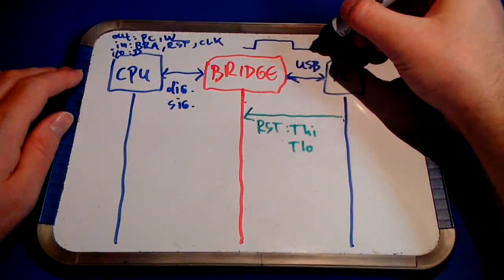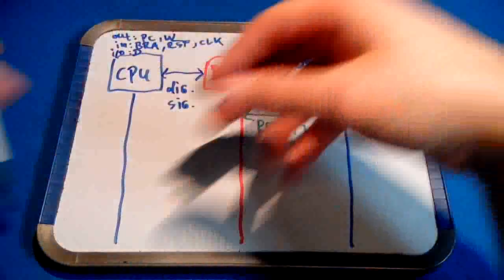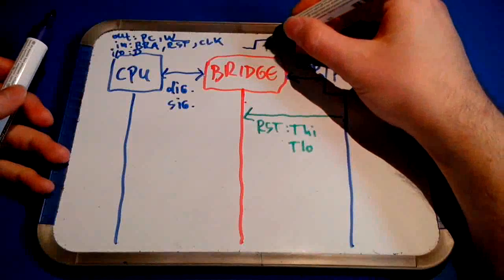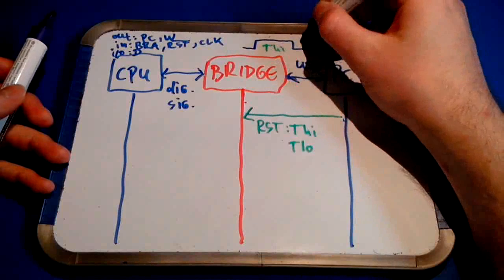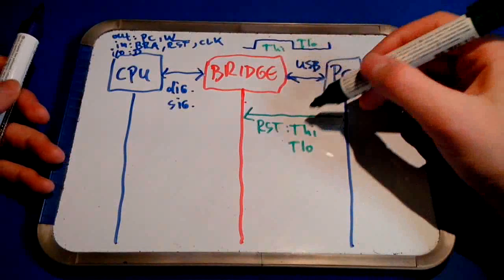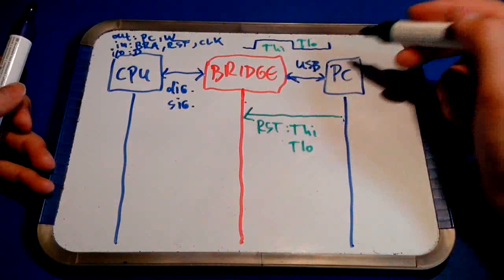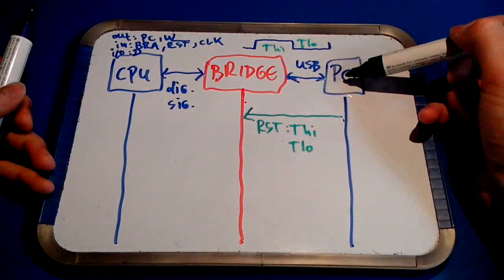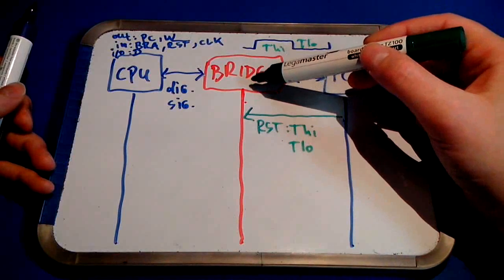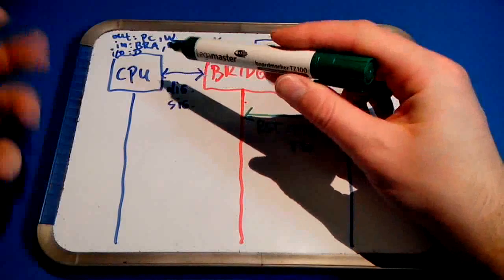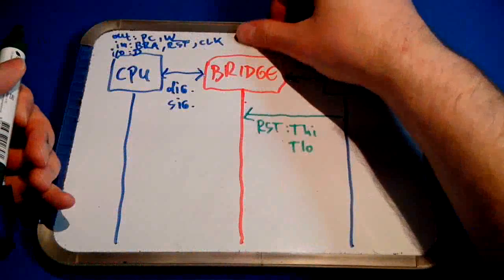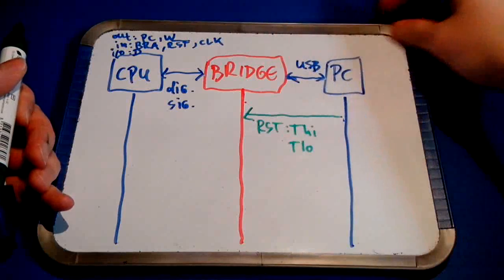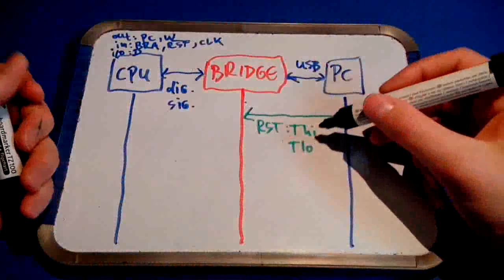So if this is one clock signal, then this would be T high, this would be T low, in units of 10 microseconds, I think. It's not a big deal. So the PC tells at the start of the program how fast the bridge should operate the CPU, basically. After that, it doesn't have to tell it with every instruction cycle, as we will see.